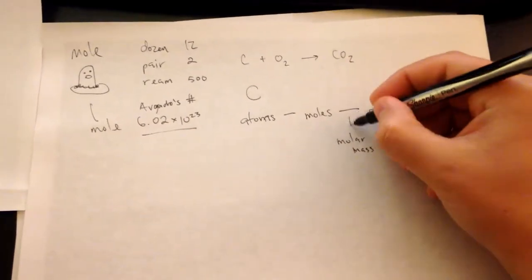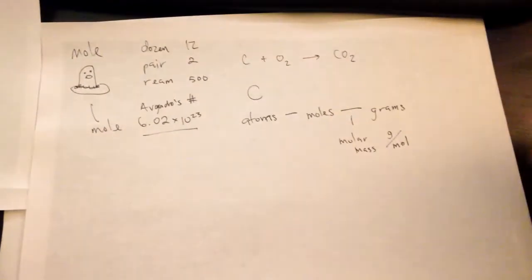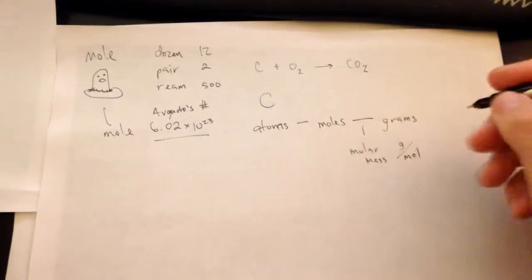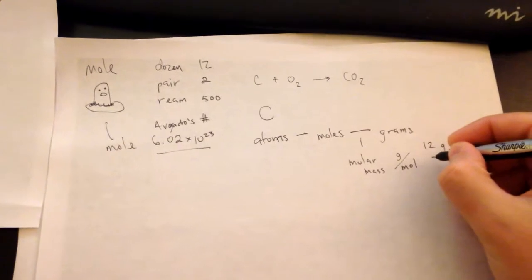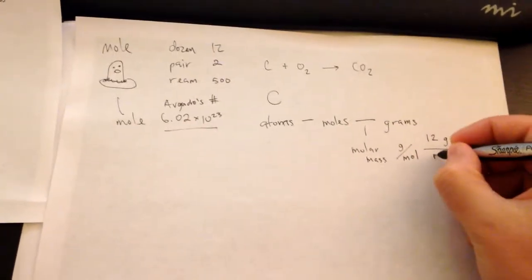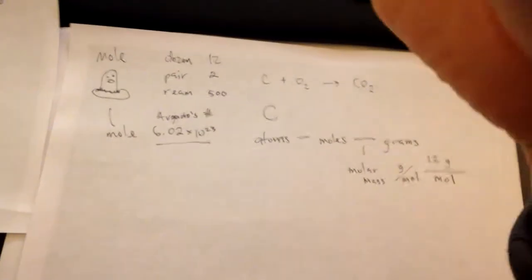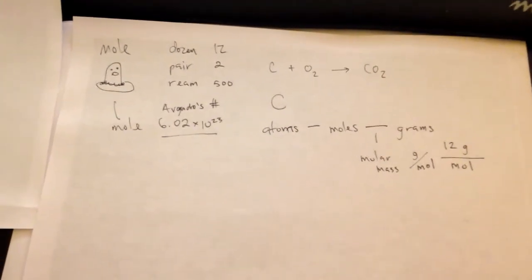So if you want to convert from moles to grams, you use molar mass. Let's say carbon: if you look on the periodic table, you see the weight of the thing. You just say that's grams. So if it says 12 grams on the table, it says 12 grams per mole. So carbon weighs 12 grams for every mole you have. There's nothing really to it.